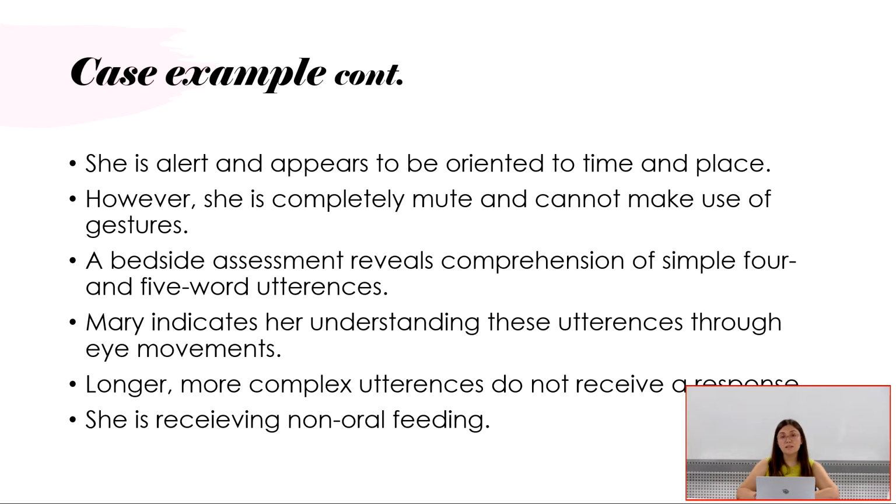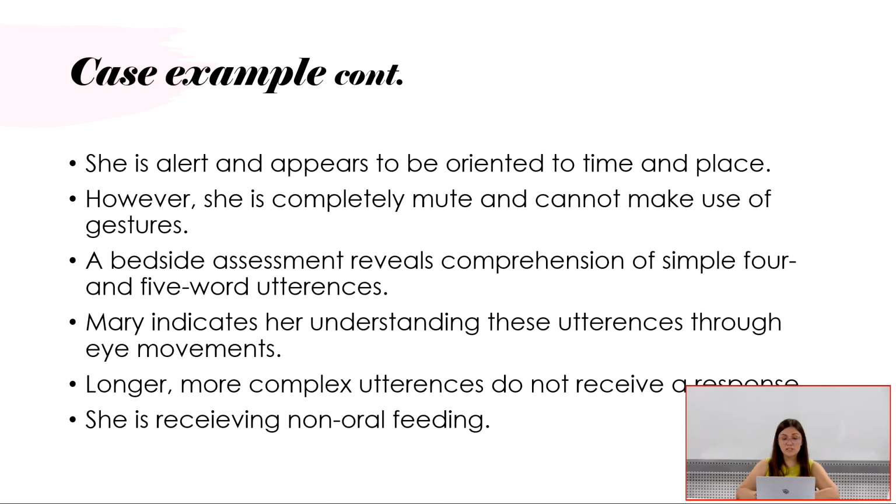So she can't understand when you say her a complicated sentence, and she shows whether she understands or not by using her eye movements. So it was harder to communicate with the other personnel at the hospital, and also with the speech and language therapist.